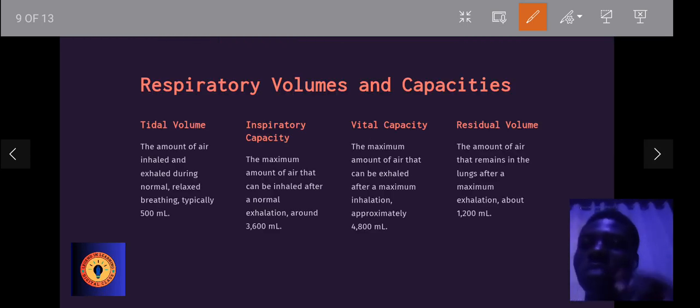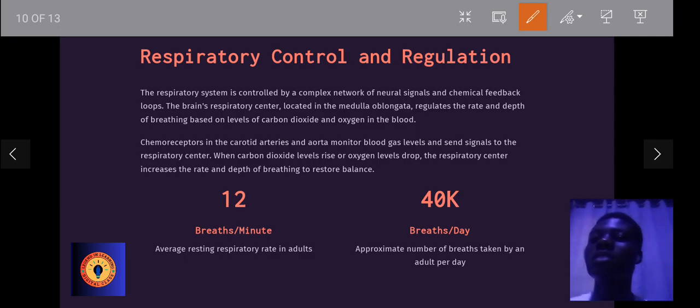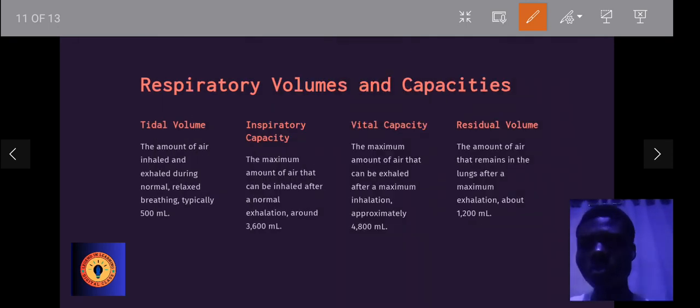Now we're talking about respiratory volumes and capacities. In inhalation and exhalation, we have different volumes and capacities. We have the tidal volume, the expiratory capacity, the vital capacity, and the residual volume. The tidal volume is the amount of air inhaled and exhaled during normal relaxed breathing.